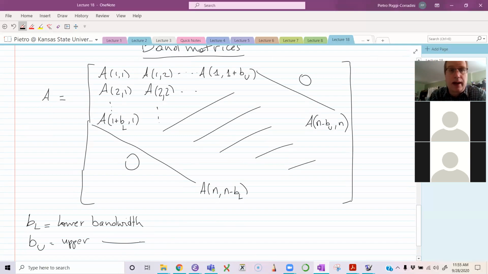Right. So I set it up so that if BU is 1, then that means you have one diagonal over the main diagonal, right? If BU is 10, you have 10 extra diagonals over the main diagonal.